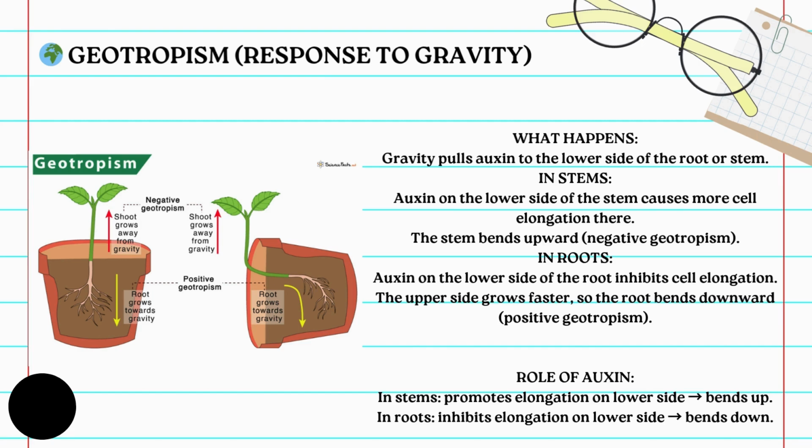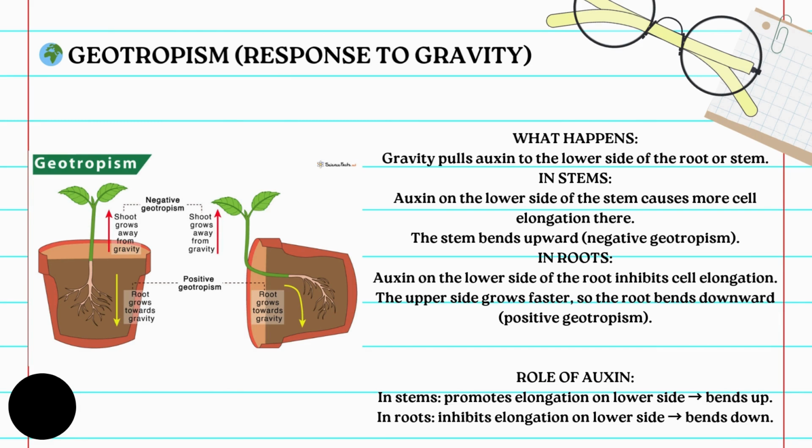It doesn't grow taller in the lower half, it only grows taller in the upper part. But in roots, there's an inhibition of cell elongation because of the auxin being present. What you will see is that the roots will then start growing laterally instead of going down more, because there will be more auxin on the part that is lower.